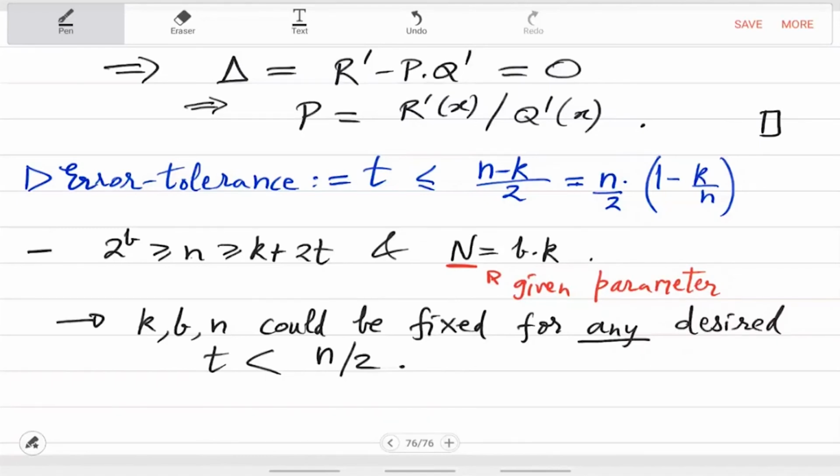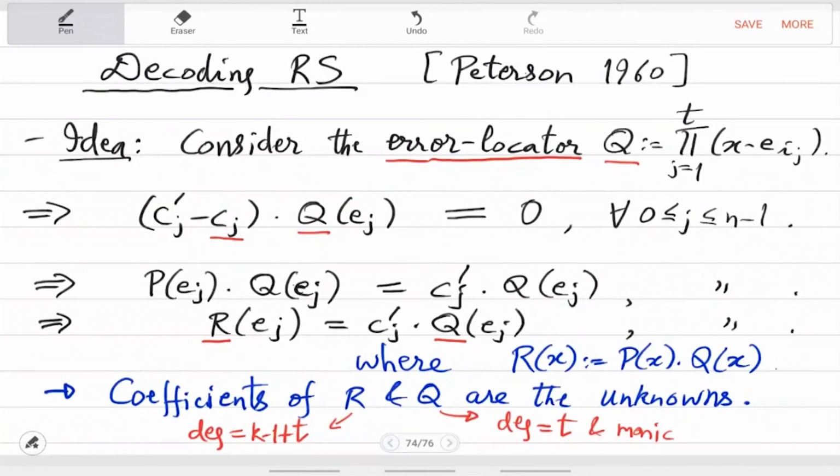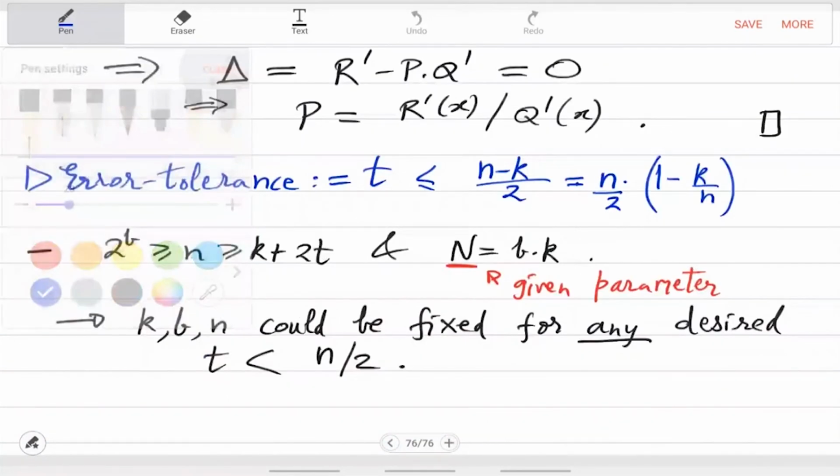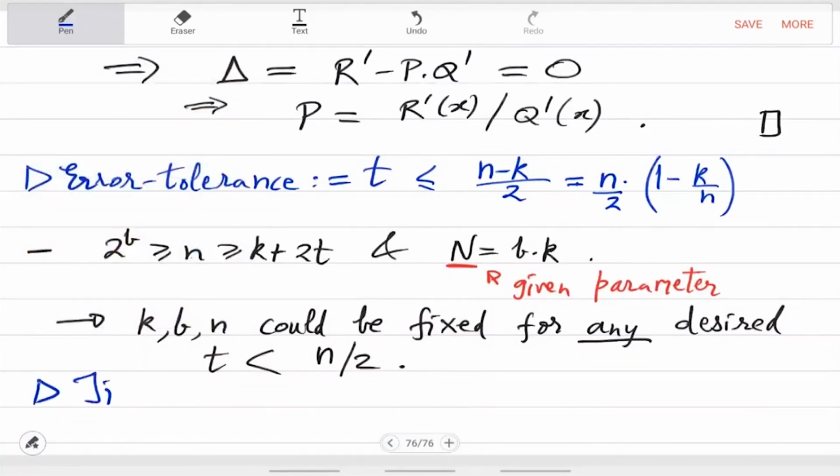Okay, and yeah, the time complexity is clear. So this will be a very fast algorithm. You just have to solve the linear system. So this is the only thing you have to solve. This gives you essentially this little n cross little n matrix that you have to solve.